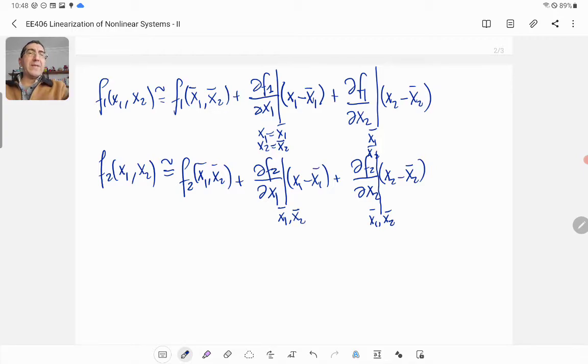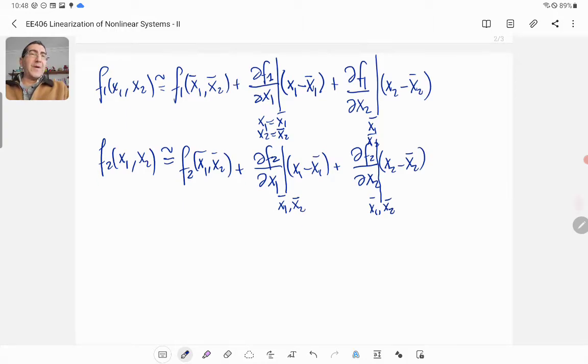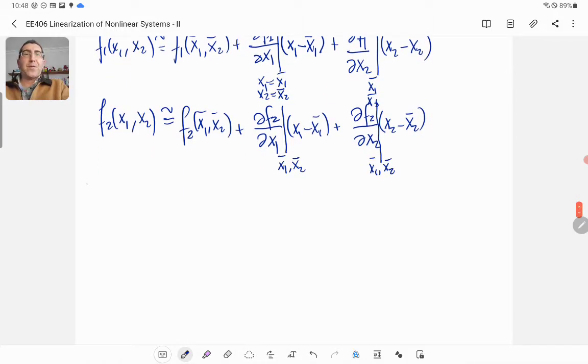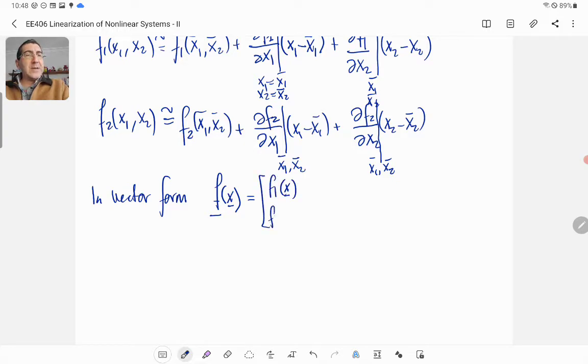So now we have expressed both of our functions as linear functions of the deviations from the chosen point. Okay? So if I want to put this in vector form, f as a vector function of x is equal to f1 of x, f2 of x, x being a vector.